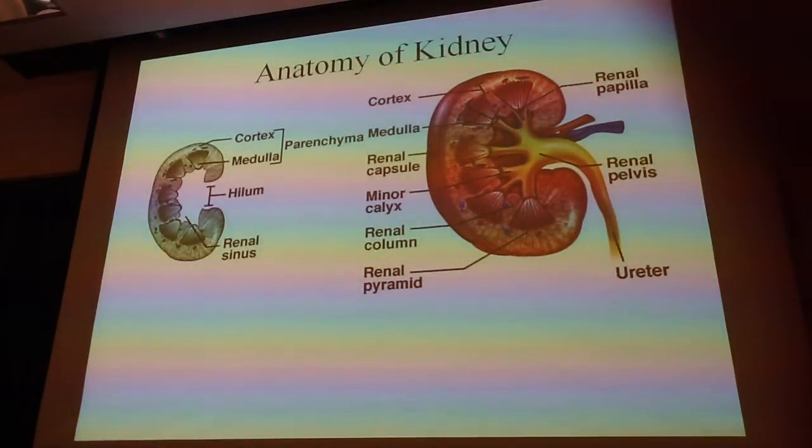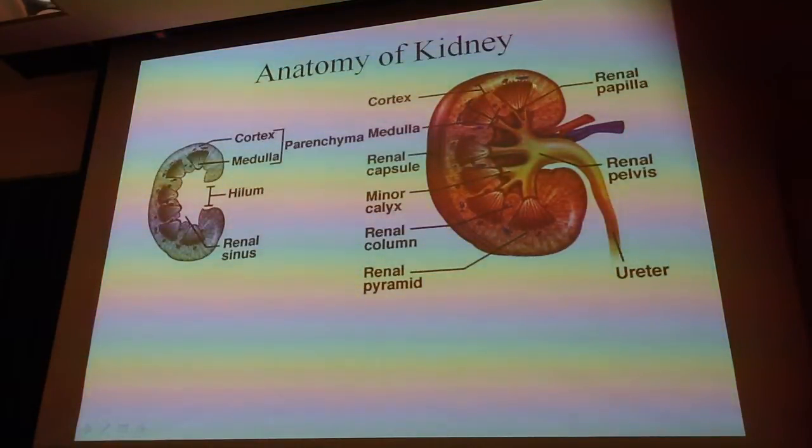And then we have what they call morphology agents, which are DMSA and glucoheptonate. I don't even know if they make glucoheptonate anymore. Use it anymore. Yeah. Then we also have pertechnetate, which we use for scrotal imaging or renal cisternograms.